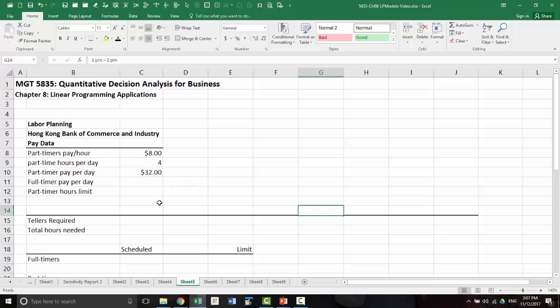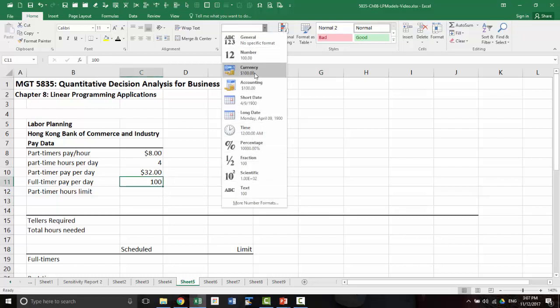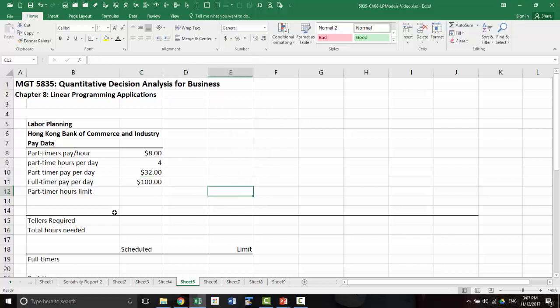Then the full-timer pay per day is $100 in salary and benefits. Let's make that a currency. And then the part-timer hours limit is 50%. Let's make that a percentage. All right, so these are the inputs. Let's color code that.